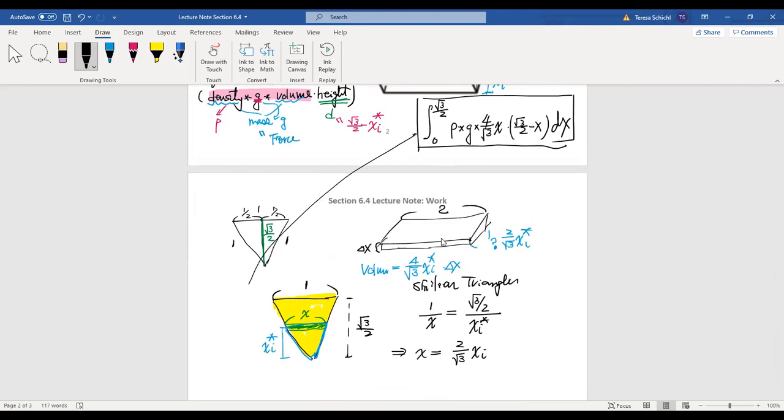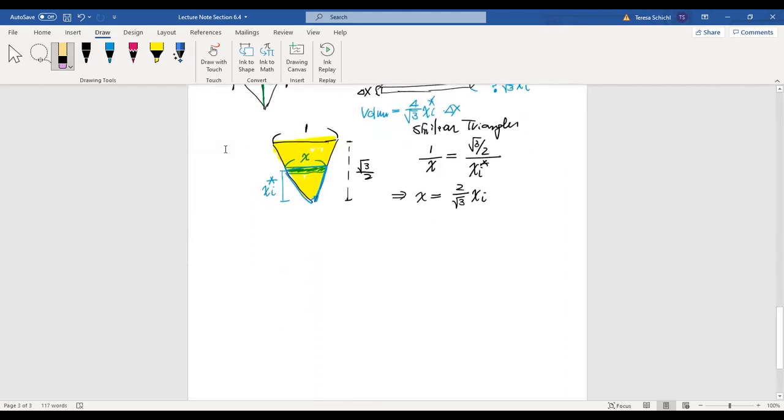Okay, since they did not give us the density function, if you calculate this integration, the final answer for the work, if you calculate that, then we know the integration. So let's rewrite it, square root of the 3/2, right?